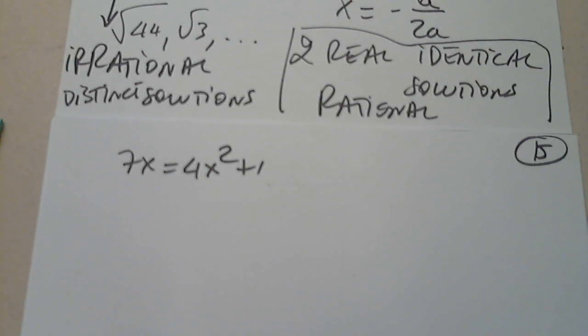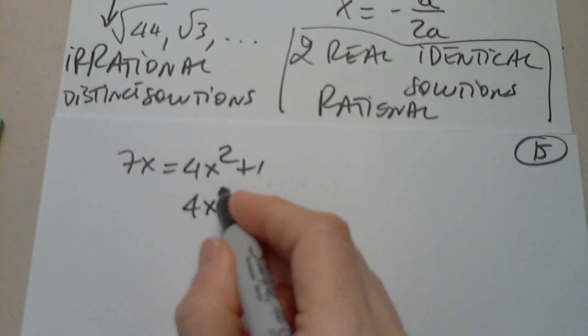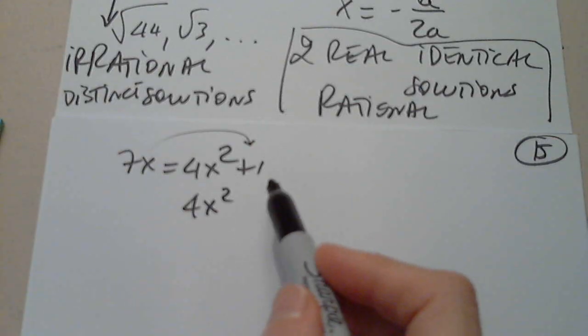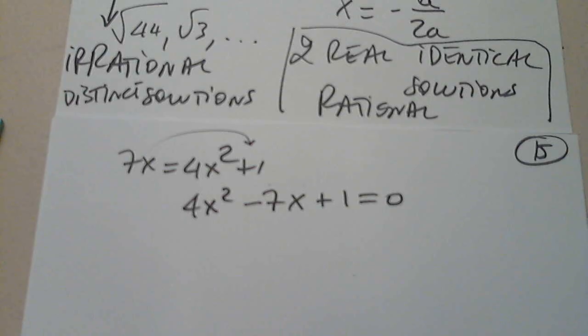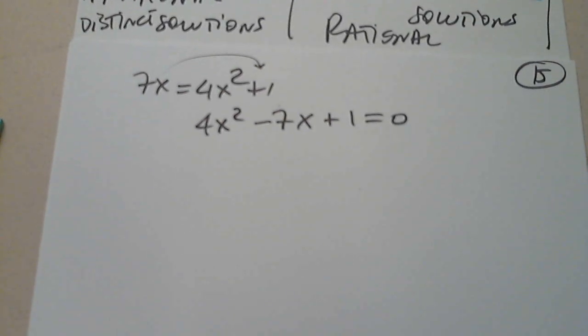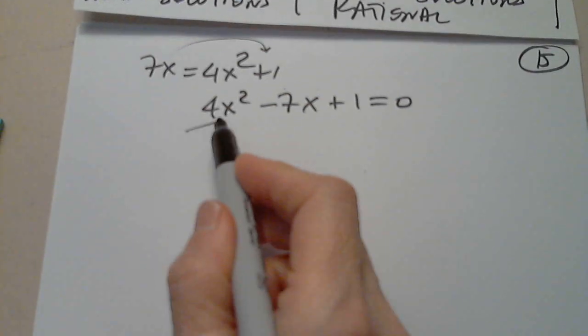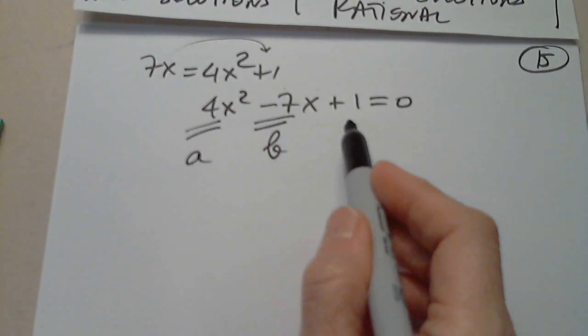What do we need to do first? 4x squared would be first, and then minus 7x, plus 1 equals 0. Excellent. We have to set it up so that it's ready to identify A, B, C.